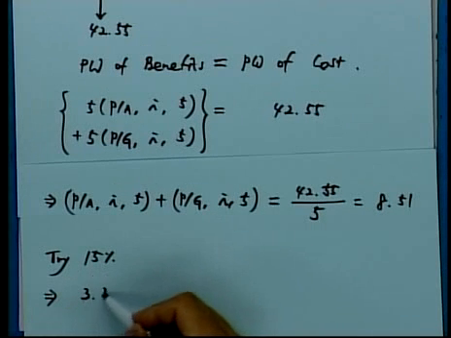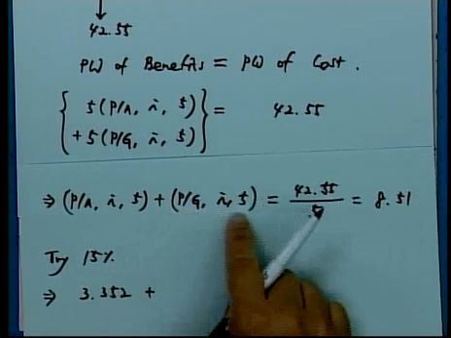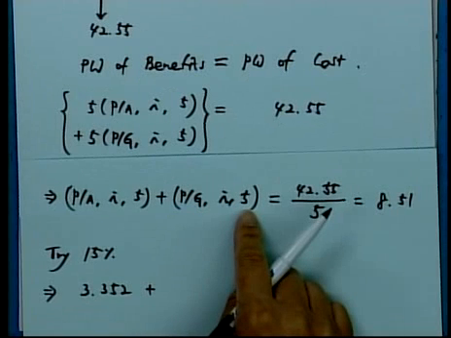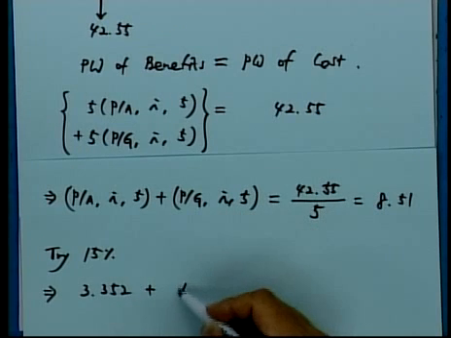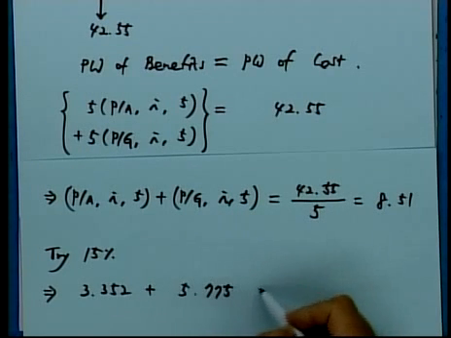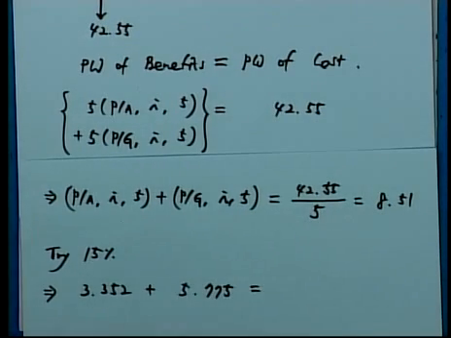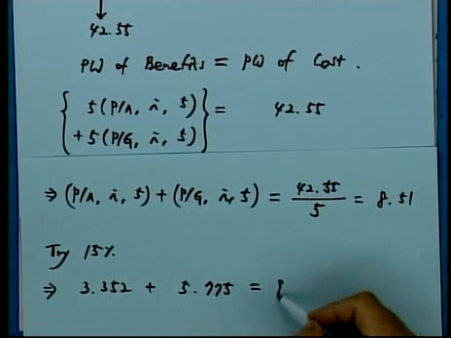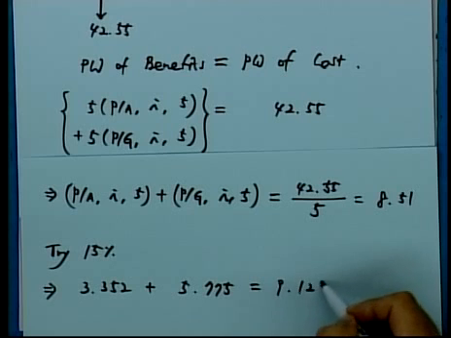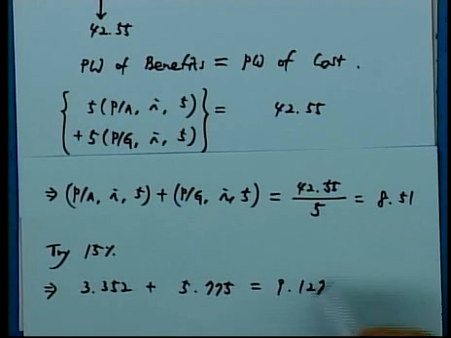So 3.352. What about P given G over 5 period? Is 5.775. So how much is this? It's 9.127, which is larger than this value.